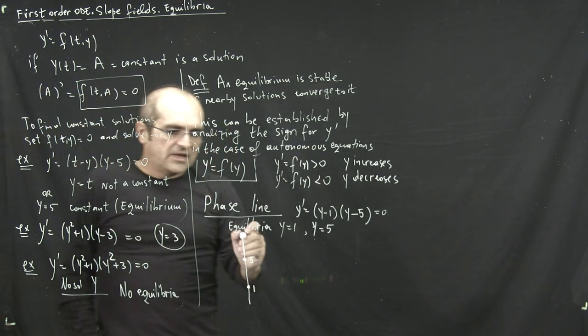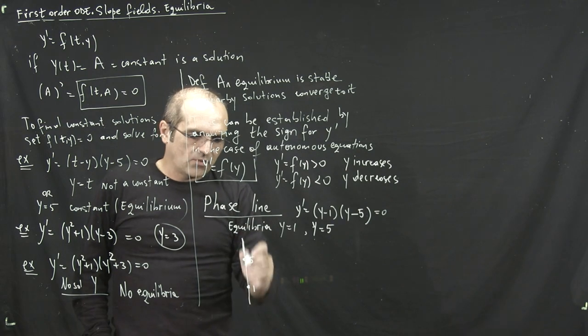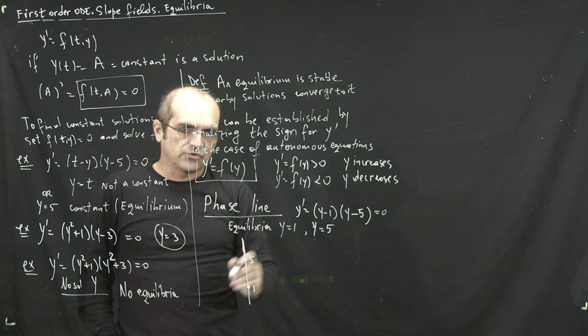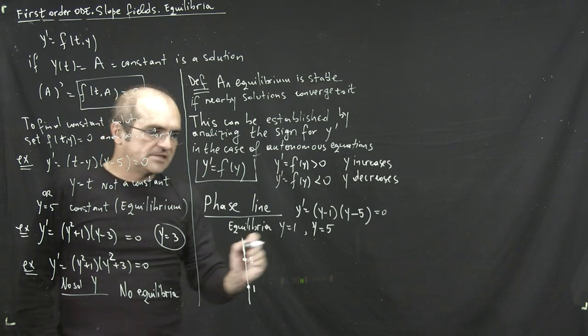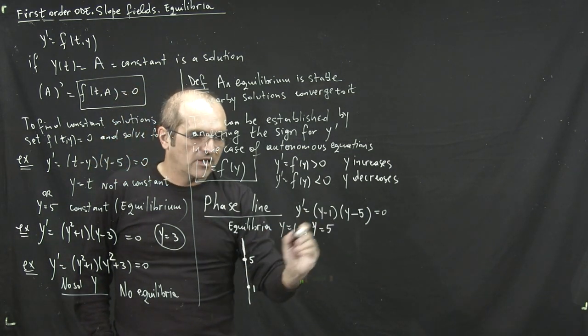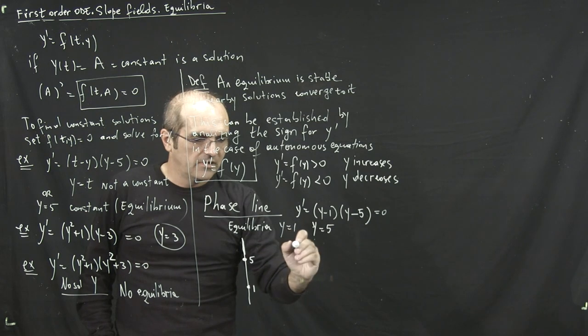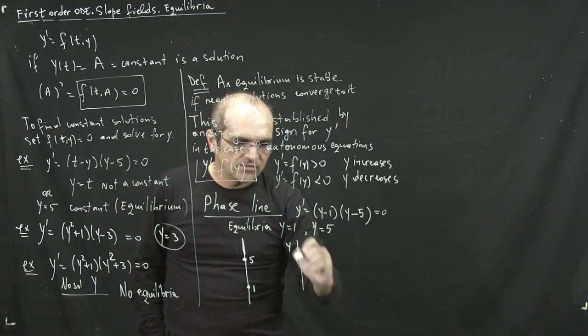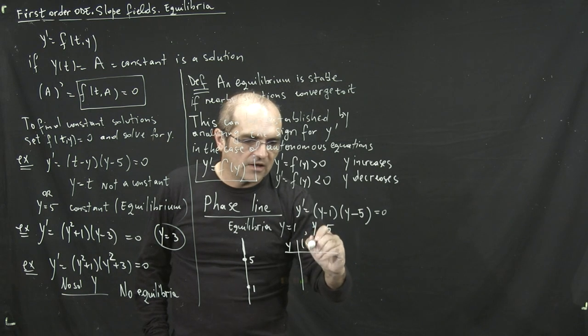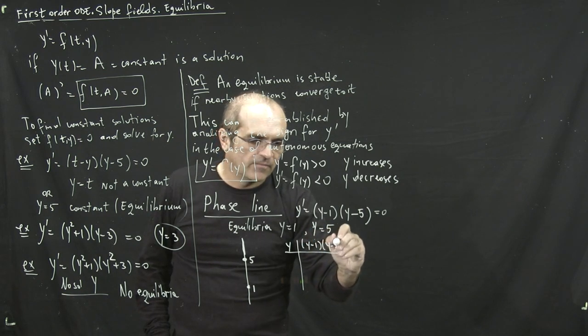And then pick a couple of test points in between the equilibrium points to decide how the solution moves. So for example, if I pick a point above 5, let's say I pick 6, and I plug it into the y prime. So let's write here like a table of values, y and f of y.